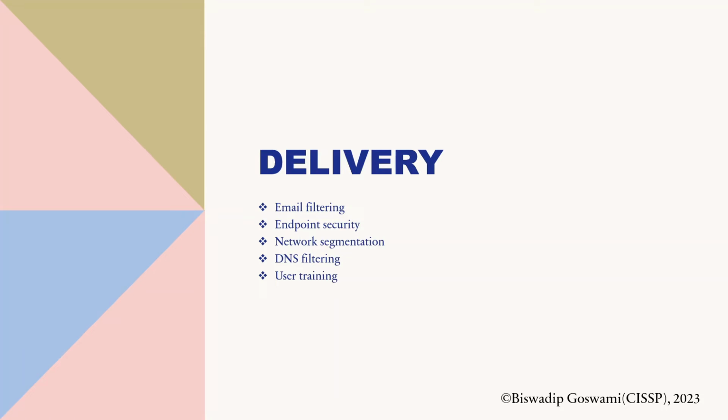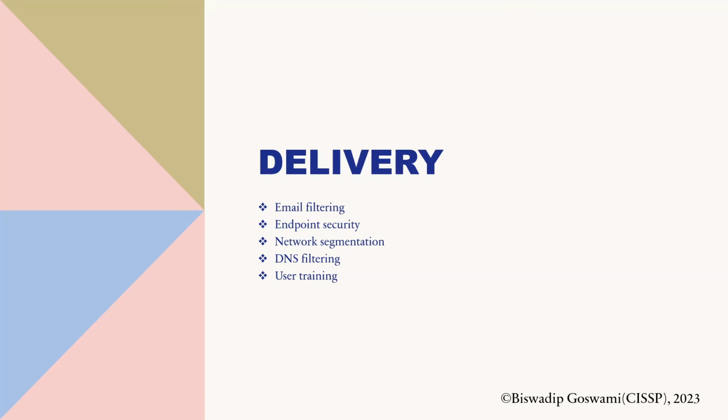Network segmentation. Segmenting your network can help contain the impact of a cyber attack. By separating critical systems and limiting access between them, you can prevent the spread of the payload if it does manage to breach your defenses. DNS filtering can prevent attackers from using domains known to be associated with malware delivery, blocking access to these domains before the payload can be delivered.